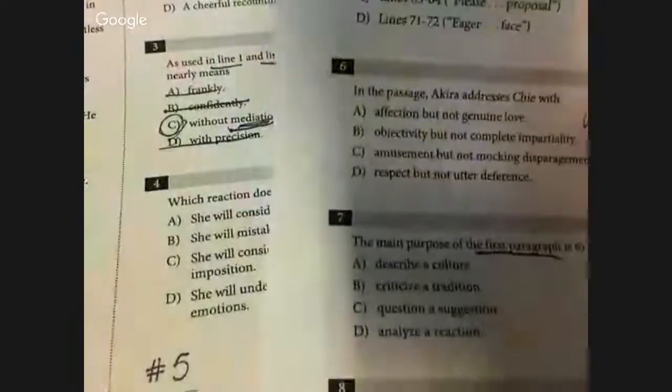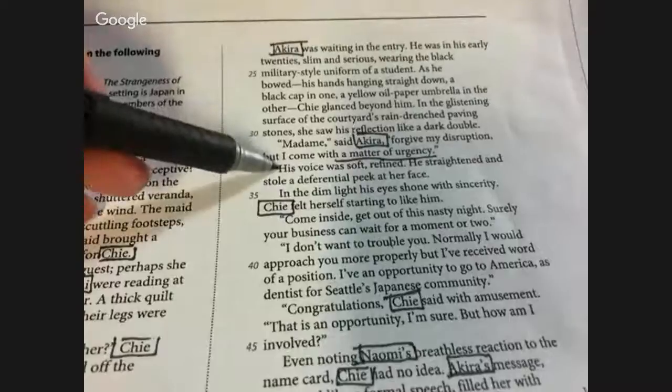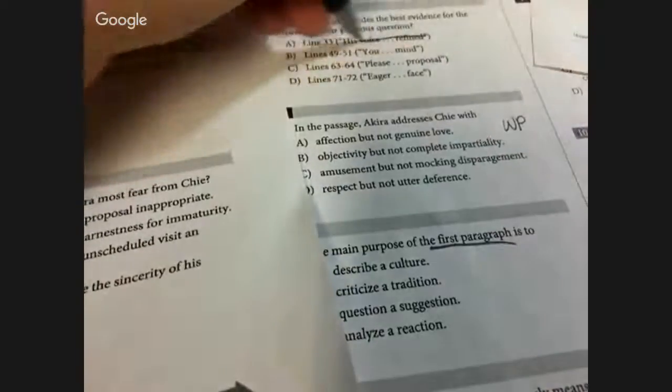Line 33, from his voice to refined. His voice was soft, refined. Now, does that answer the question of what reaction he fears from Chie? Not at all. We can cancel this.